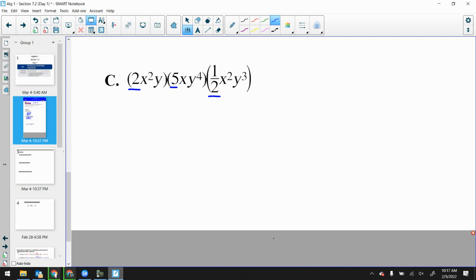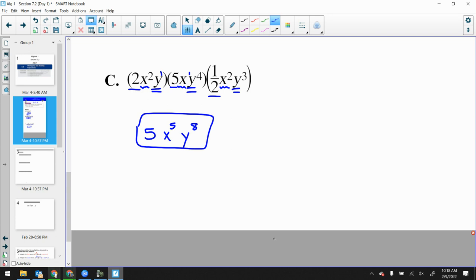What is 2 times 5 times 1/2? 5, because 2 times 5 is 10. 10 times 1/2 is 5. And then I'm going to take x squared, x to the first, x squared. What's my final power on x? 5. 2 plus 1 plus 2. And then I take a y to the first, y to the fourth, y to the third. Final power on y? 8. Good.